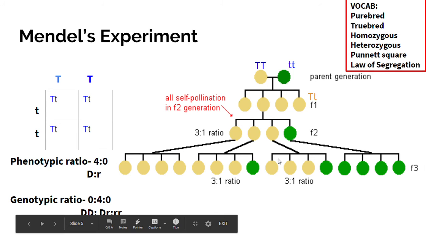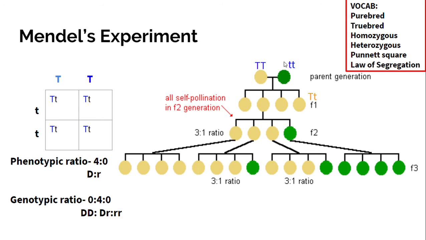So using this experiment, Mendel basically discovered that the small purebred little t got masked by the genotype of a plant if it had a big T in it. And he found that by cross-pollinating all these different pea plants with different generations. Also, using the experiment, Mendel created the law of segregation.